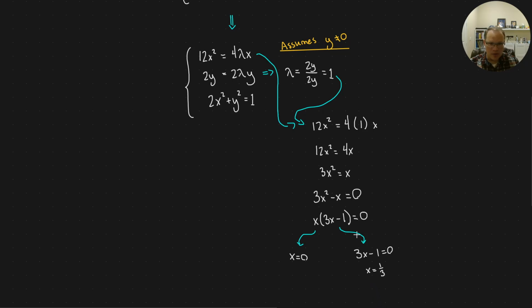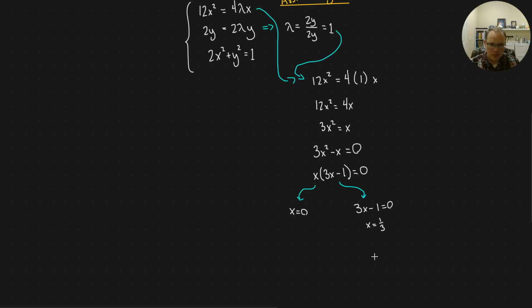And now what I want to do is plug that into the remaining equation and find what y would go with it. Okay, so 2x squared plus y squared equals 1.